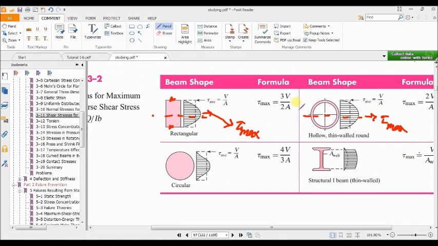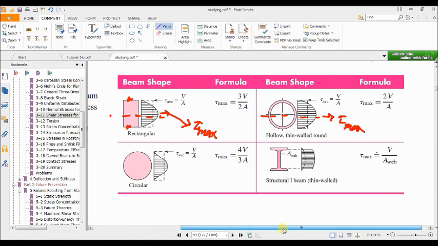The value of this maximum shear stress can be found for each geometry by using this equation, for rectangular, a tube, a circle, and a beam. In these equations, V is the shear force and A is the area of the cross section.